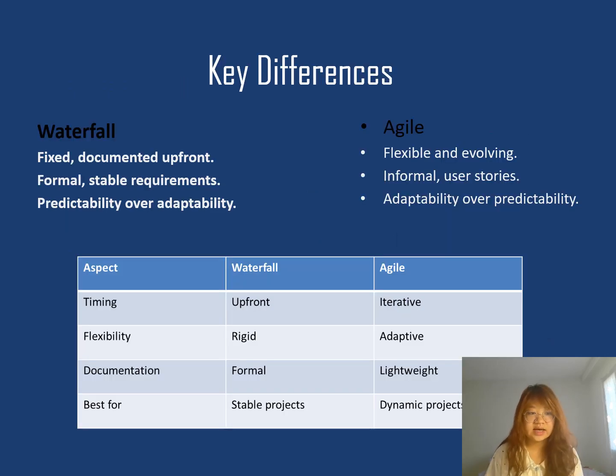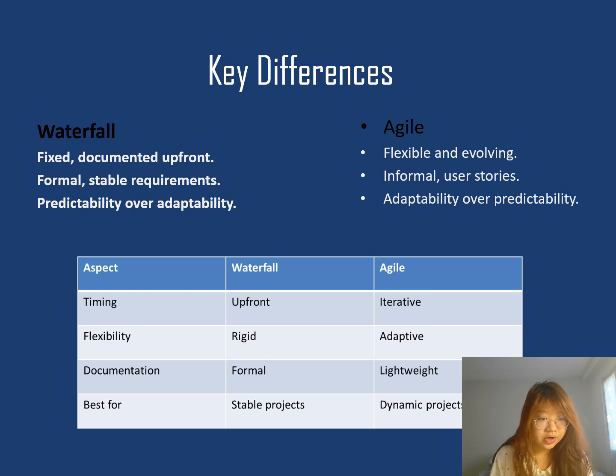Here is a side-by-side comparison of the two approaches. In Waterfall, requirements are fixed, formal, and fully documented before the project moves forward. The main advantage is predictability, but the weakness is that changes are very difficult and expensive.